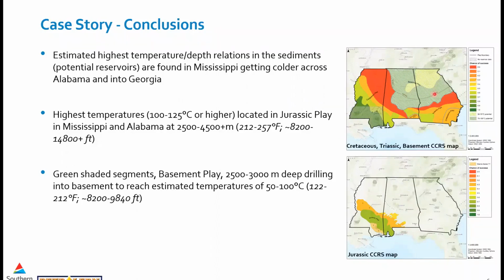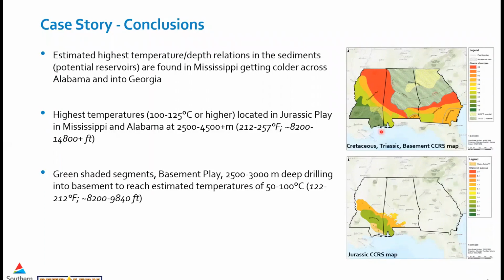And finally, you have the green shaded segments up here to the northeast in both Alabama and Georgia. This is the basement play, where you need to drill 2.5 to 3 kilometers deep to reach estimated temperatures of between 50 to 100 degrees Celsius.